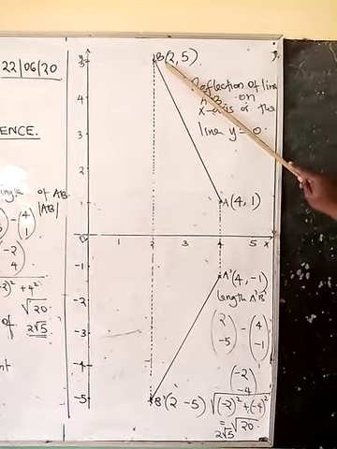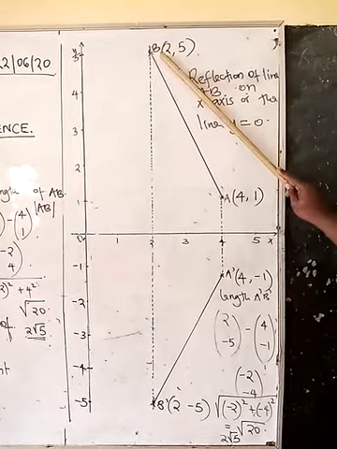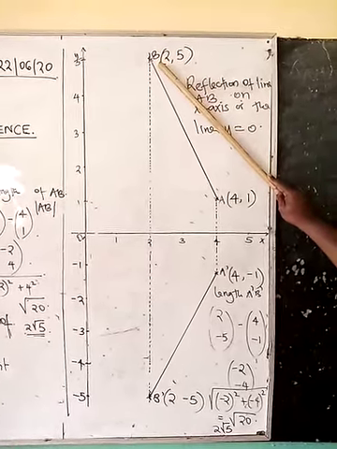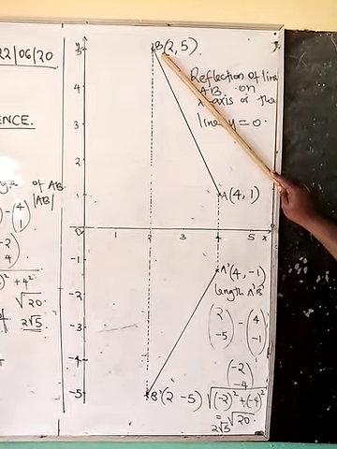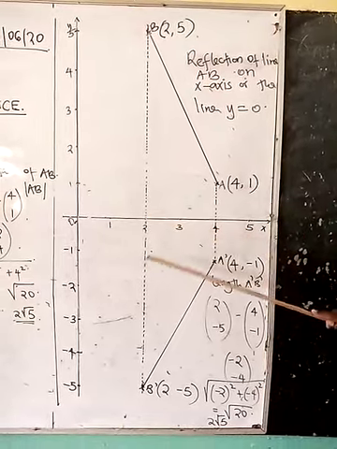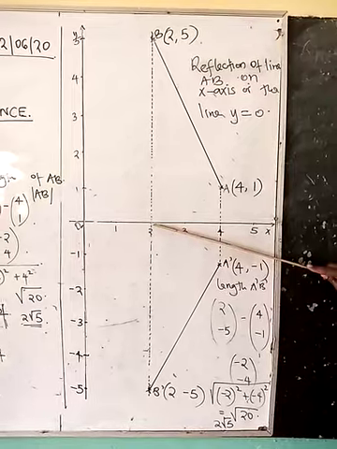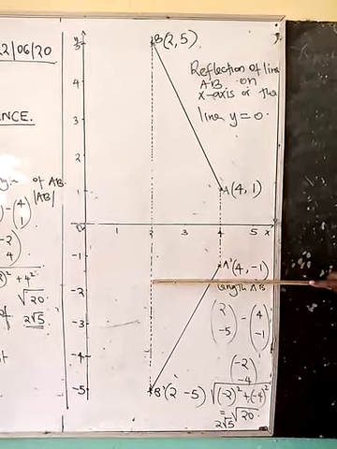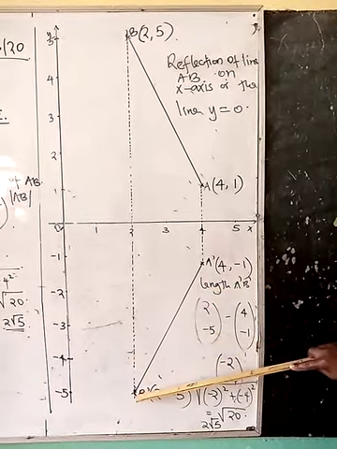from the x-axis. Because we had said that the image must be an equal distance from the mirror line as the object, therefore the image must also be 5 units from the x-axis. So we simply count how many units, 5 of them. 1, 2, 3, 4, and 5.